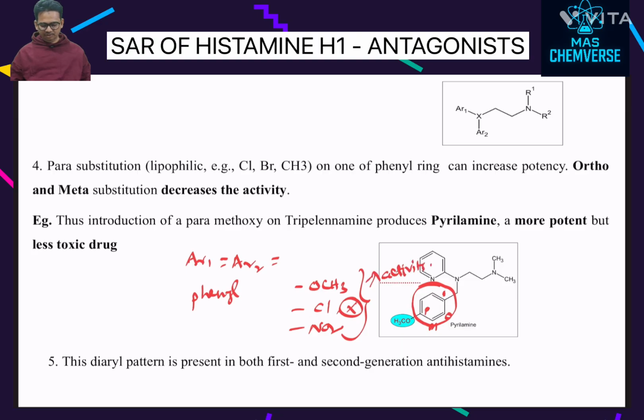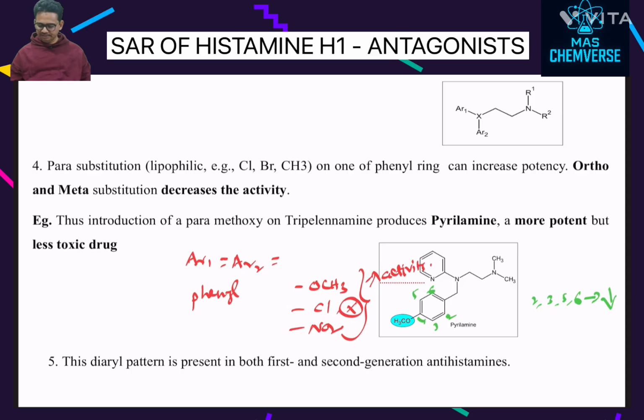But the position you have to remember is only the para position, only the fourth position. Only the fourth position increases the activity. At any other position like second, third, fifth or sixth, the activity is going to decrease.